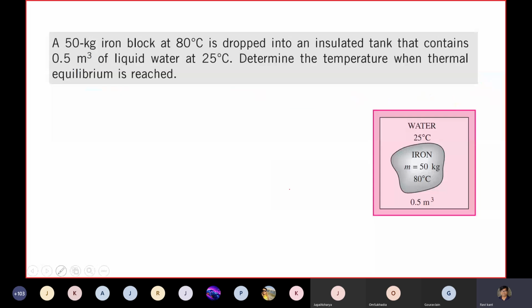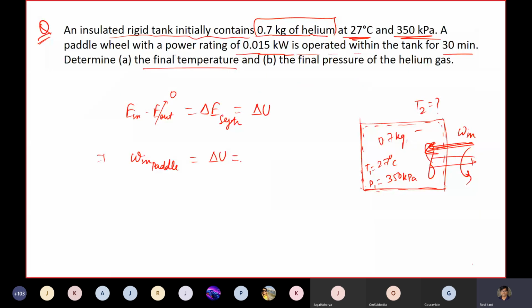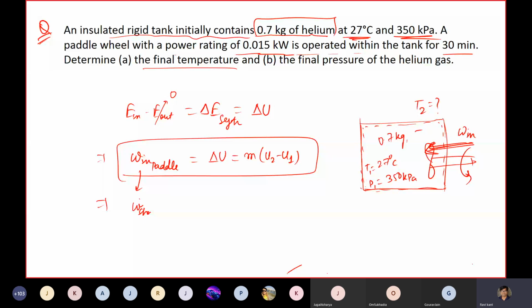The net change in internal energy is the mass times u2 minus u1, small u2 minus u1. What is this? This is nothing but W shaft times the time.